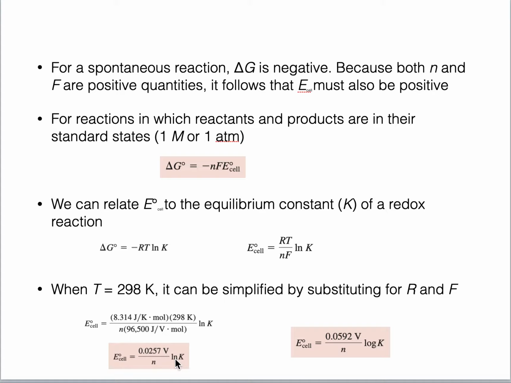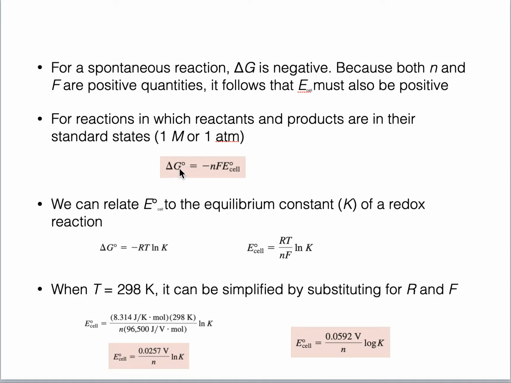And if we convert this natural log into log base 10, natural log is equal to 2.303 log base 10, and if you multiply it with 2.303, we can get another equation in log, which will total this equation: E naught cell is equal to 0.0592 divided by n into log of K. So what we can see is how standard potential is related with equilibrium constant.